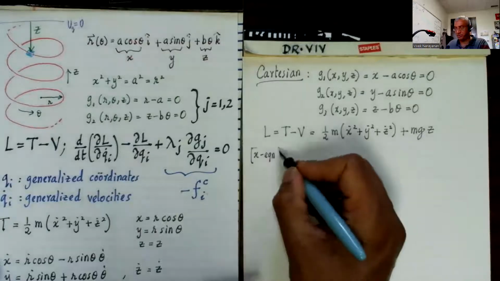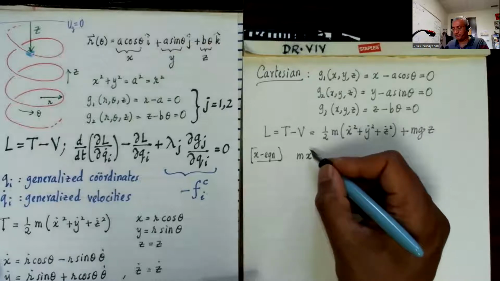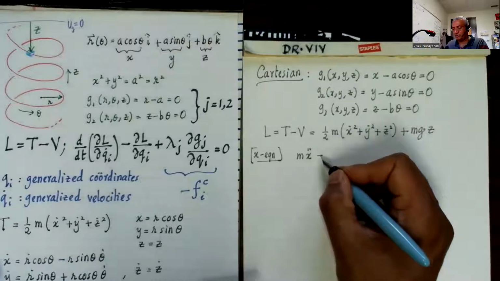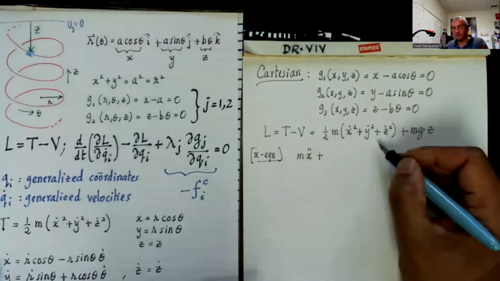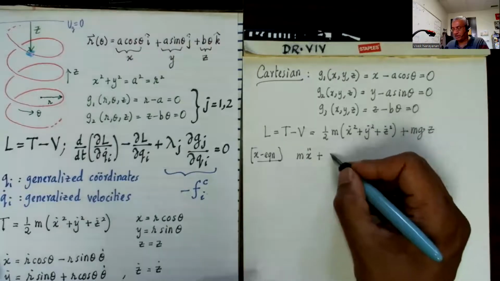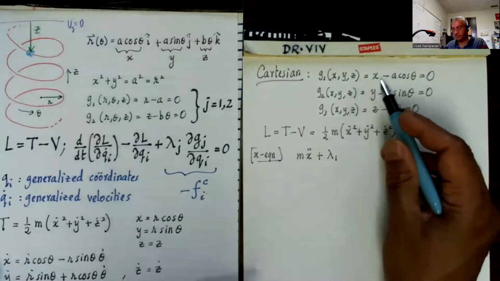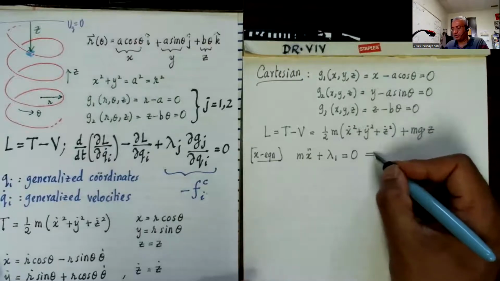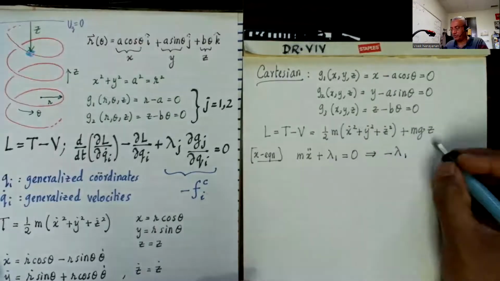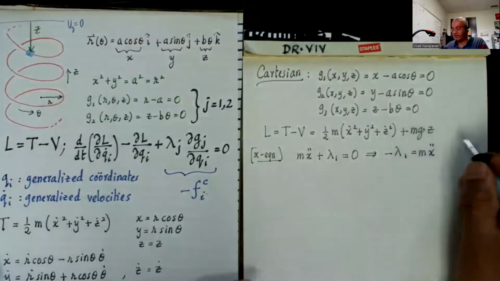The x equation is m x double dot plus, there's no term involving x in the Lagrangian, so I just have lambda 1 times del G1 by del x, that's just 1, equals 0. So this immediately tells me that the first constraint force is m x double dot. So that's interesting, that's your Fx.